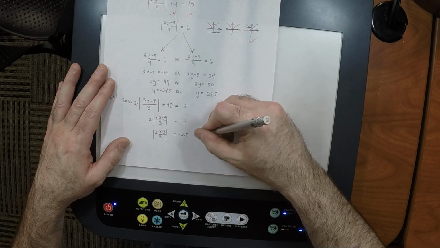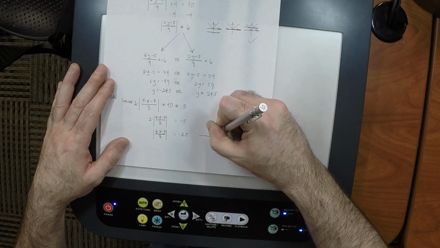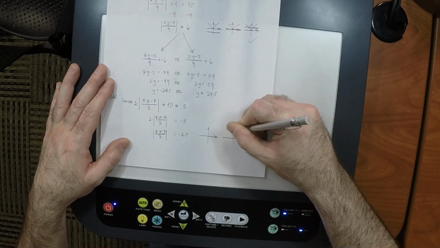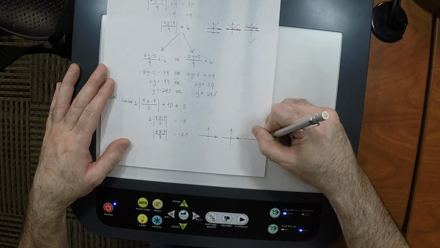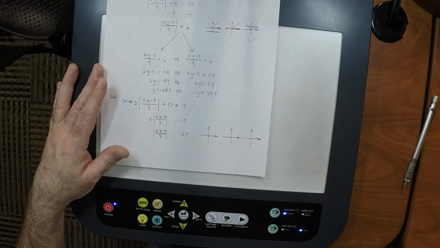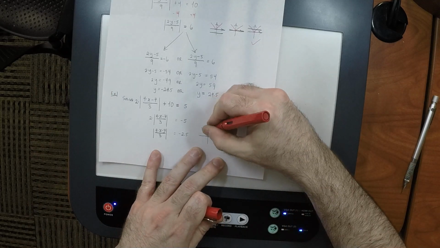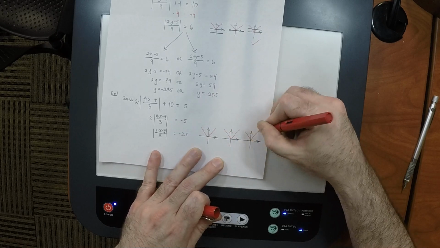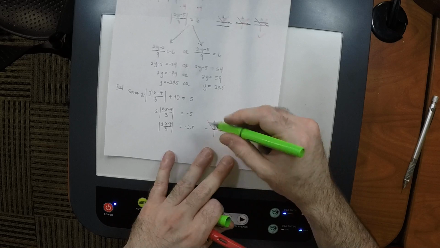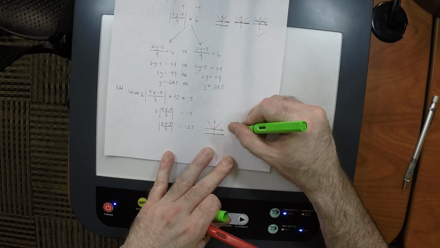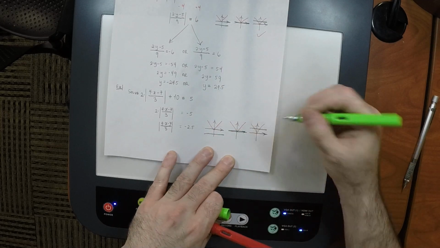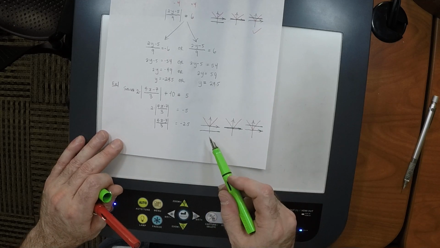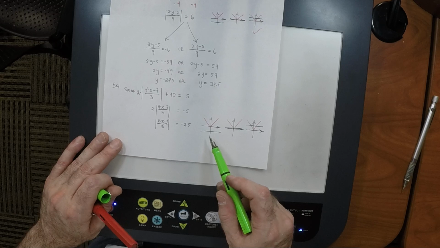So then, from the point of view of categorizing it into the 3 possibilities, again with these 3 possibilities, 1, 2, 3, which one are we in? The first one, in fact. We're in the first one.